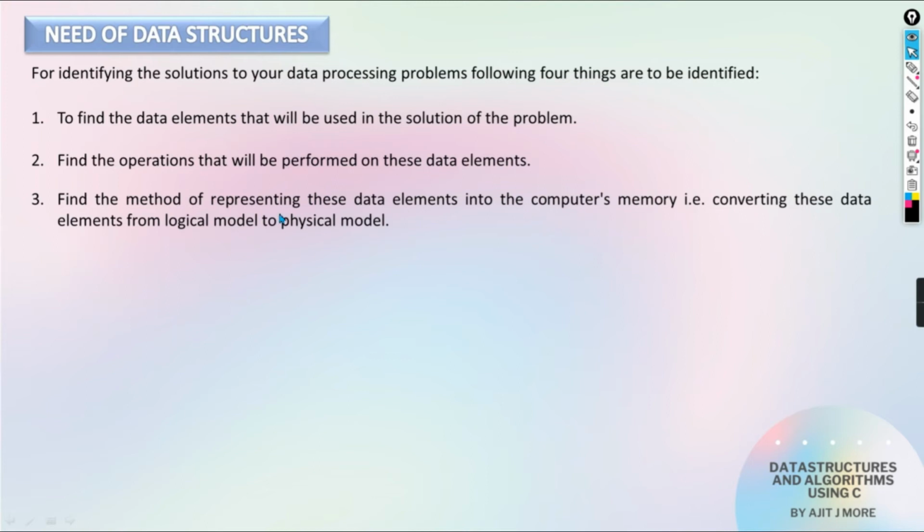So that is how your logical model will be put into a physical model. Getting? Means you have decided that these are my data elements, these are the operations, one radius will be there, one pi and all. Now in your computer's memory, how they will be represented, that you have to decide.